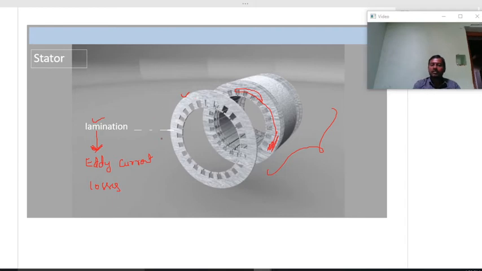So why will eddy current losses take place in the laminations? Because in the slots of the stator of a three-phase induction motor, winding is provided. When current passes through the three-phase winding, flux will be established, a rotating magnetic field.